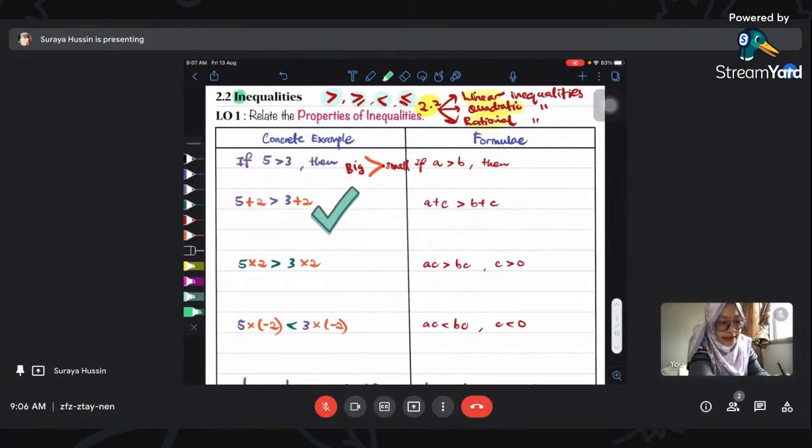In equal means dia bukan equal. Kalau equal, this is equal. Equal to what? Equal to 0, equal to something. And we also call this as an equation. Equation kamu akan nampak 2.1. Hari Isnin hari itu kita belajar 2.1 equation, right?